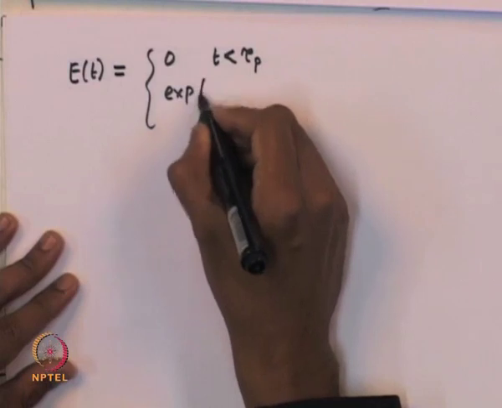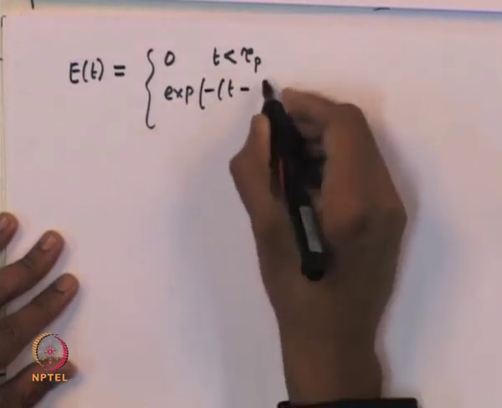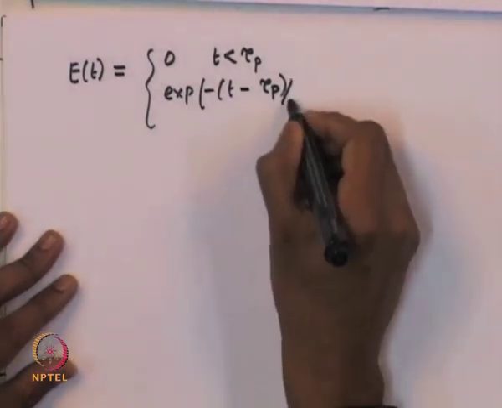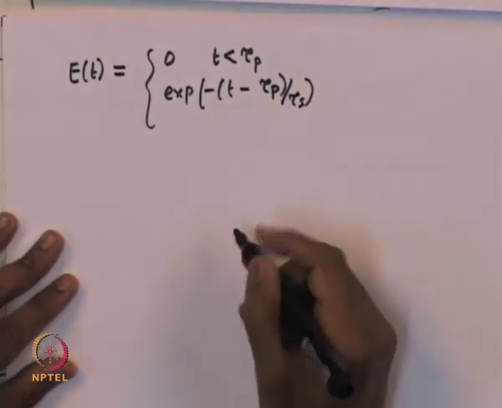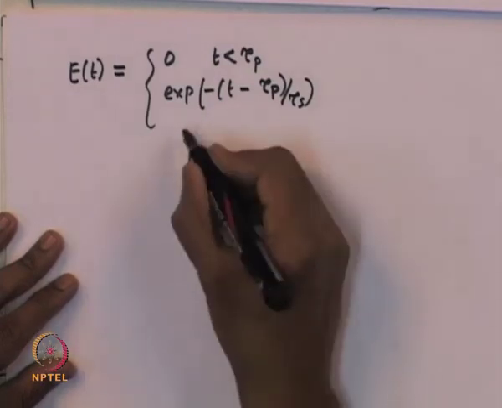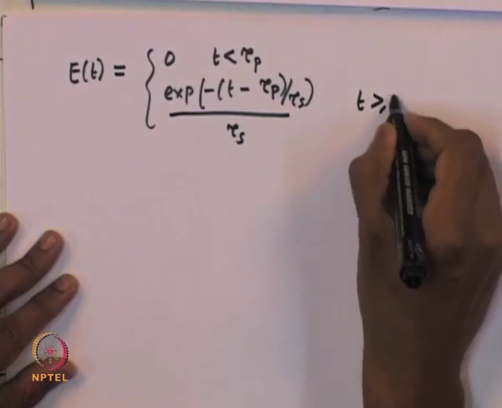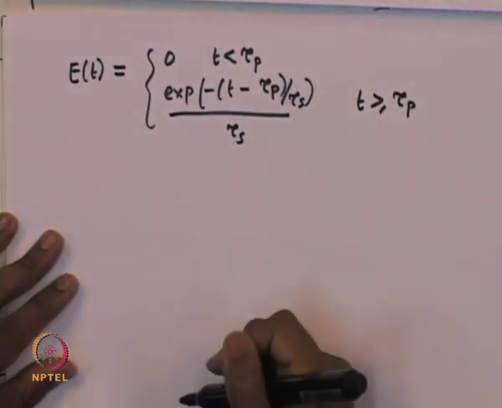So, that will be equal to 1 by tau s exponential of minus t minus tau p, which is the space time of the plug flow reactor, divided by tau s, which is the space time of the CSTR, for t greater than or equal to the space time of the plug flow reactor.